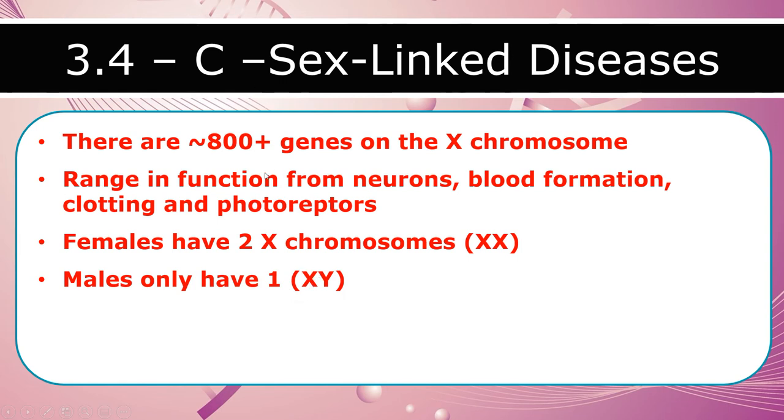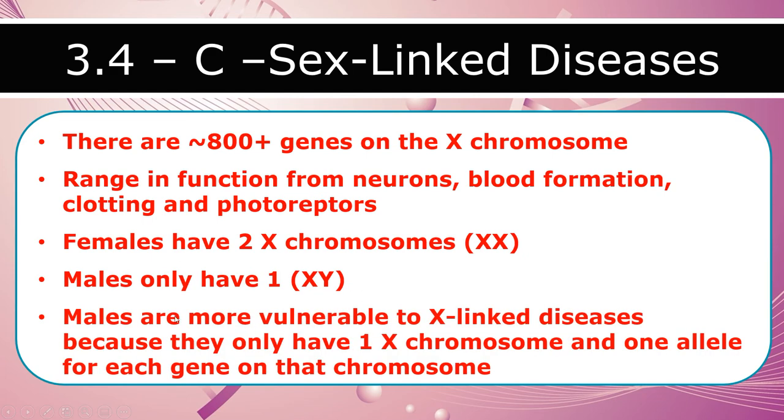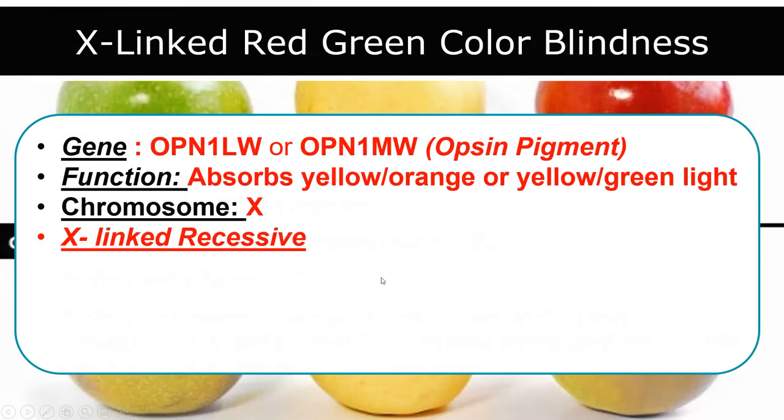So for diseases that we find on the X chromosome, because men only have 1, that makes men more vulnerable to all of these X-linked diseases, because if something goes wrong in that copy, they have the disease. So one of the diseases we're going to talk about is X-linked red-green color blindness. So this is a mutation in either the OPN1LW or OPN1MW, which is an opsin pigment.